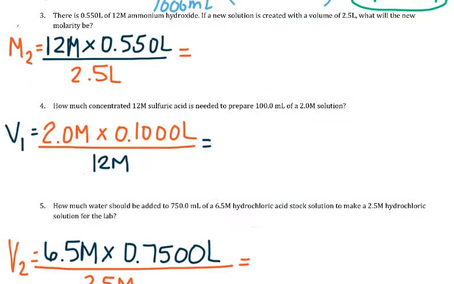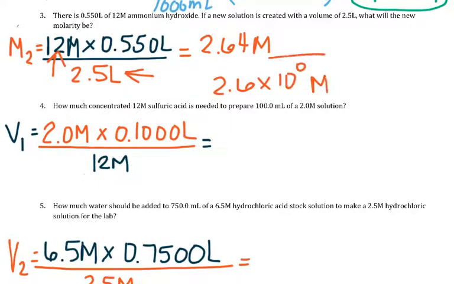So once you do that, just to give myself a little more space, now you just have to plug your numbers in. So for the first one, this is what you should have gotten, and according to this number and this number, you're going to need 2 sig figs. So 2.6, we didn't have to move the decimal, so it's just times 10 to the 0, and make sure you put your unit there.